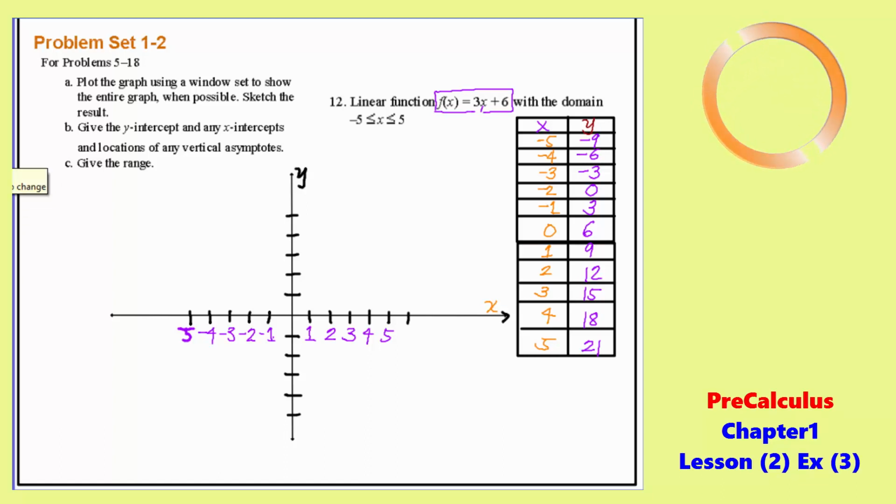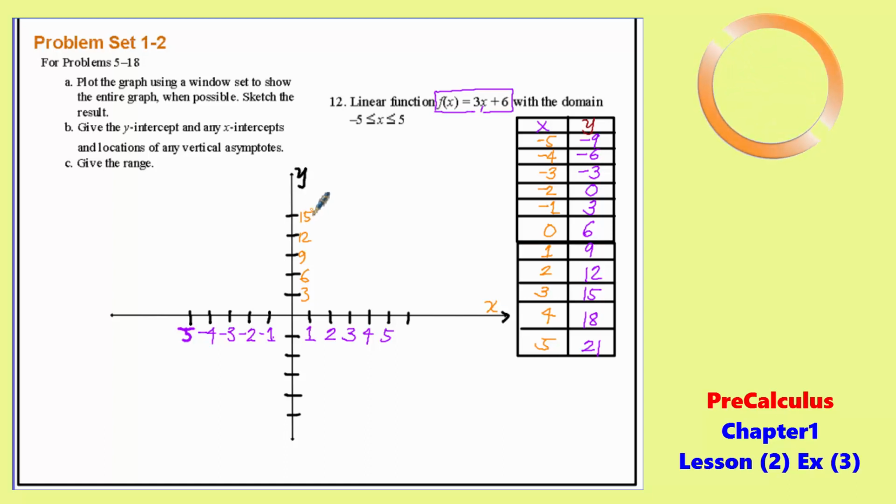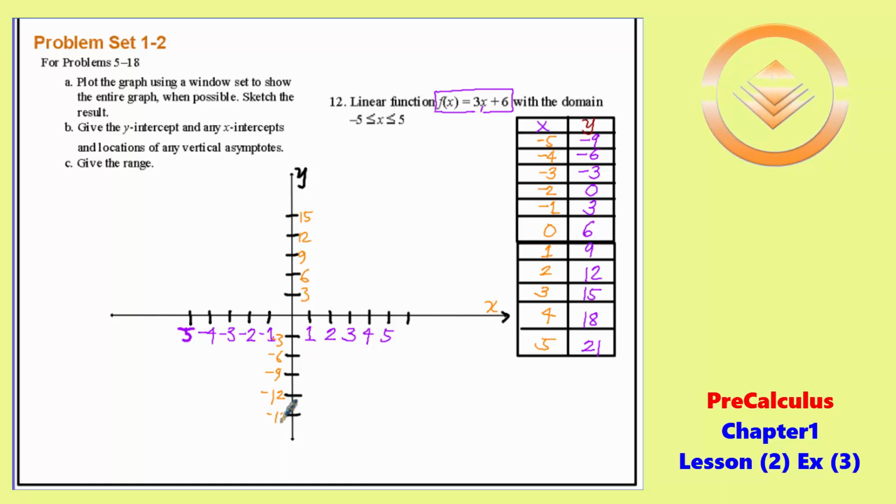So this is 3, 6, 9, 12, 15, and so on and so forth. This one is negative 3, negative 6, negative 9, negative 12, negative 15, and so on and so forth.